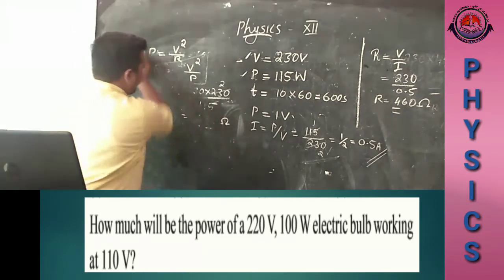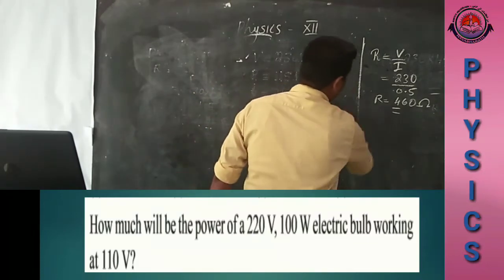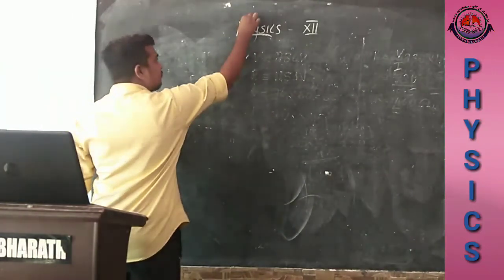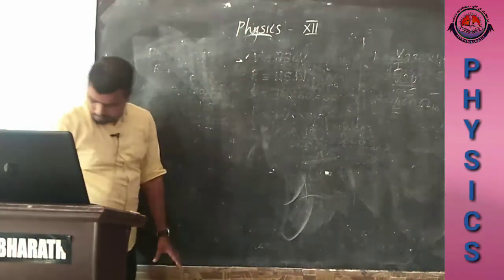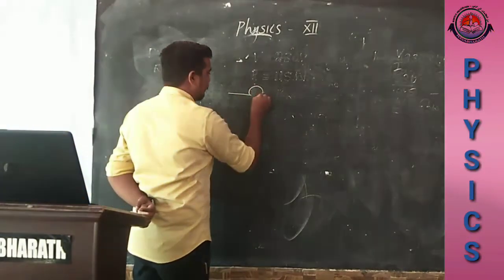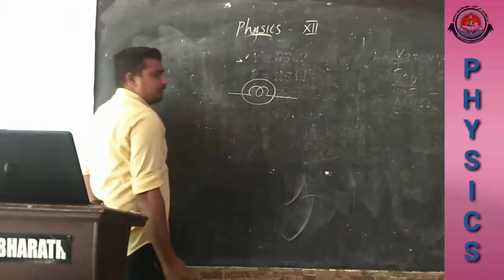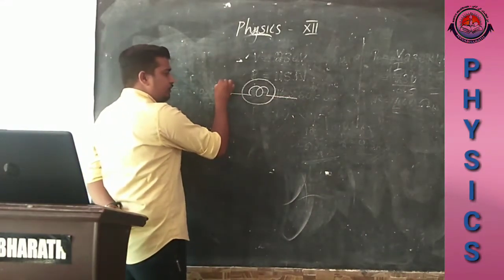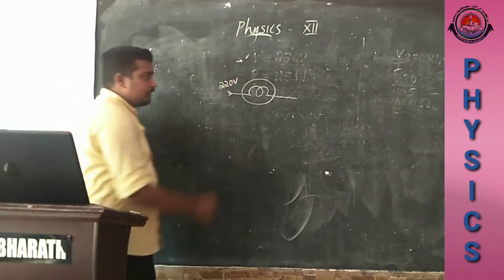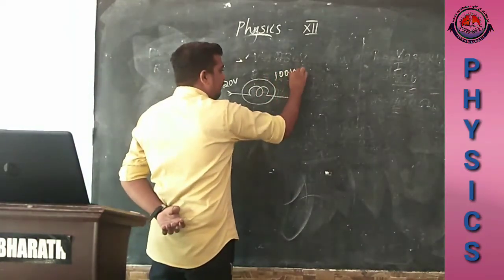Okay, listen. Here an electric bulb is working under 220 volt, of power 100 watt.